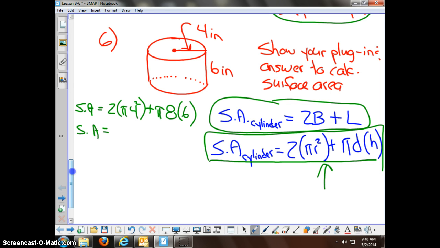So 16 times 2 times pi. 3.14 is pi in this classroom. 2 times 3.14 times 16 is a decimal less than 1? No, 148 hundredths. 100 and 48 hundredths.